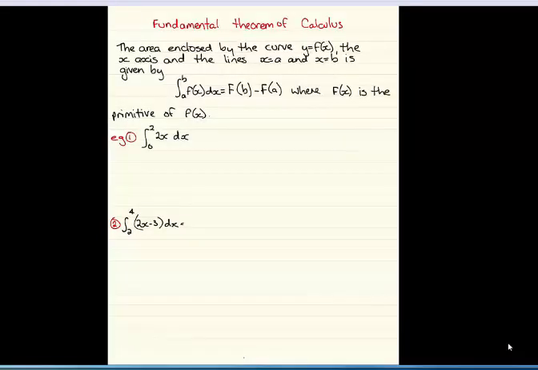So the primitive function of 2x is x squared, and that's going to be from, now this is the setting out you need to use, from 0 to 2. Okay, so you have to show that step. Your next step is to then say, well, I substitute in the 2 and I get 2 squared, and then I subtract and you substitute in the 0 and you get 0 squared. So this is equal to 4.